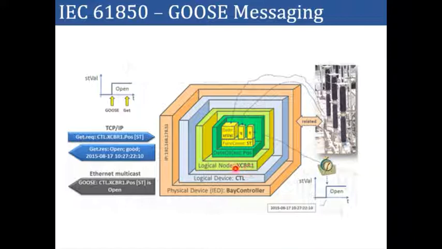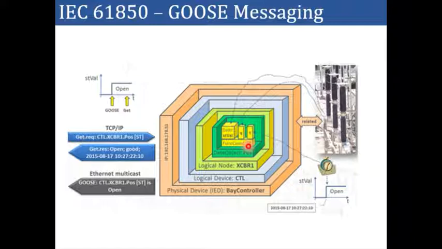Inside that we have XCBR1, which is breaker 1 in the form of a logical node. Then inside the logical node we have the data object called POS, that is the position, and then we have the functional constraint, that is status. So status can be either closed or open.